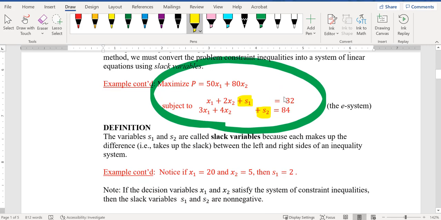So notice if x1 was 20 and x2 was 5, we'd have 20 plus 30, then s1 would have to be 2 in order to equal 32. If the decision variables x1 and x2 satisfy the system of constraint inequalities, then the slack variables s1 and s2 have to be non-negative.